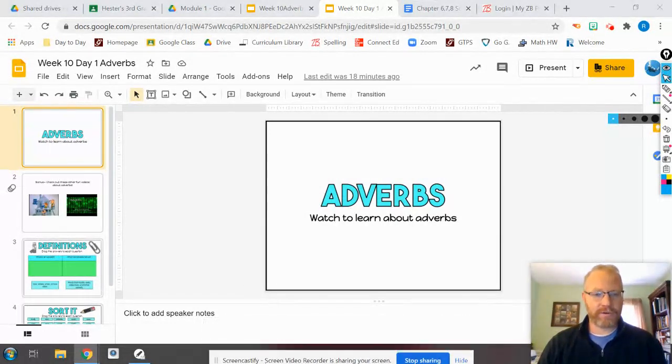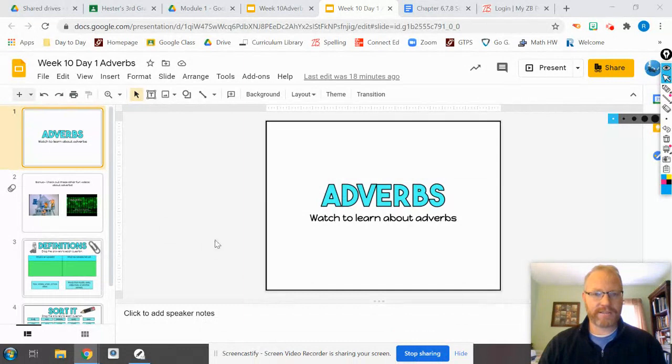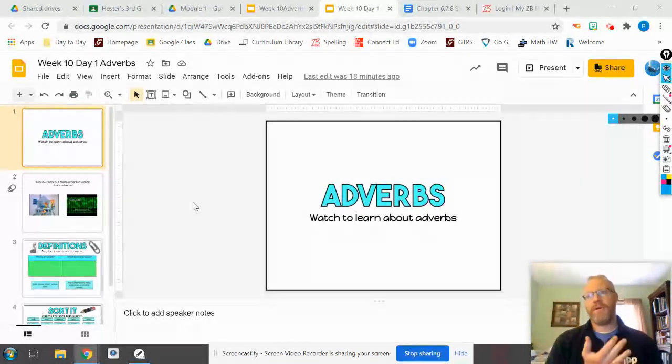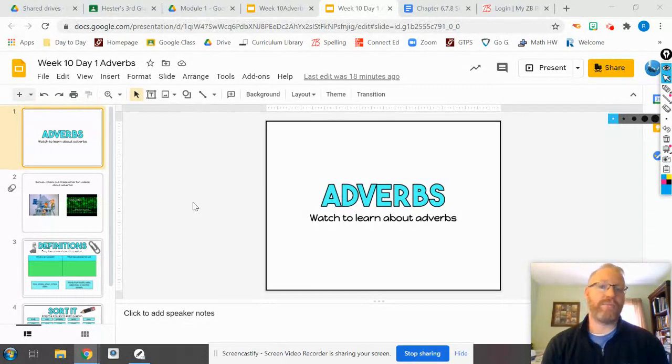So we're going to be talking about adverbs, and let's start by talking about what an adverb is. An adverb is a word that modifies a verb. What that means is we're adding on to a verb, and we're going to tell some certain things about that verb. So when we think about adverbs, we're thinking about action words, and we're thinking about a verb like run.